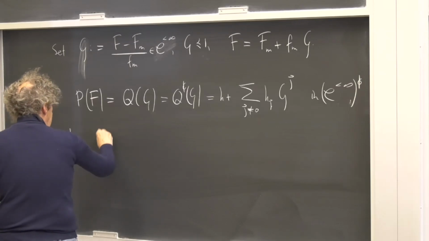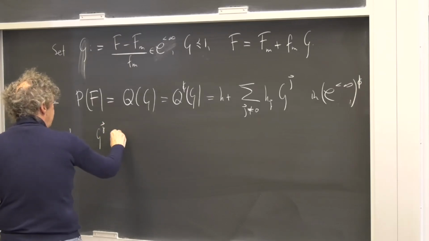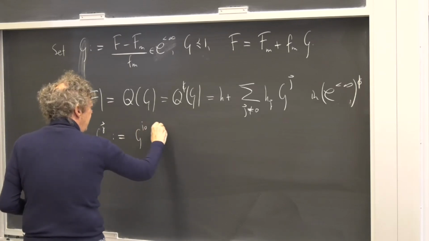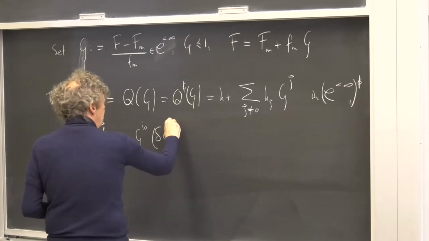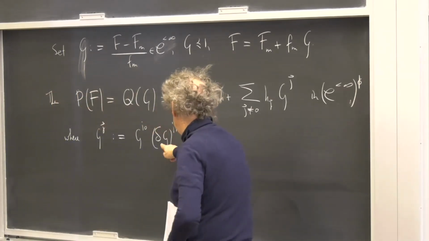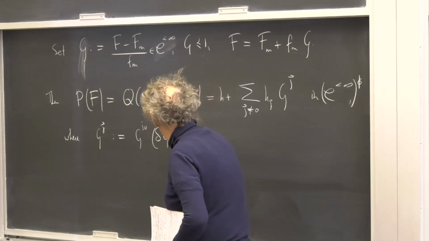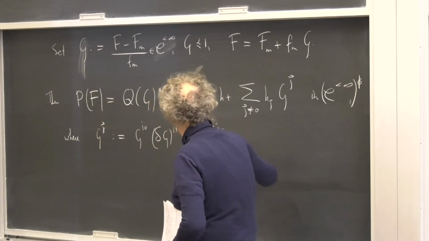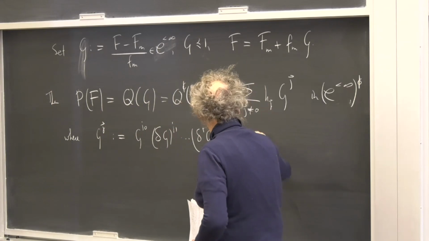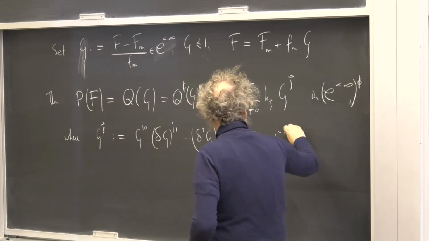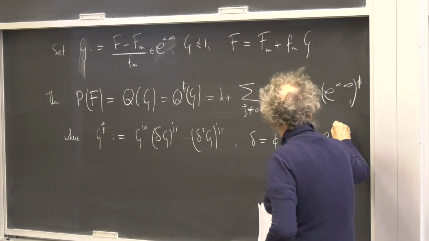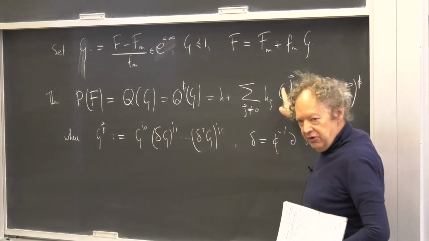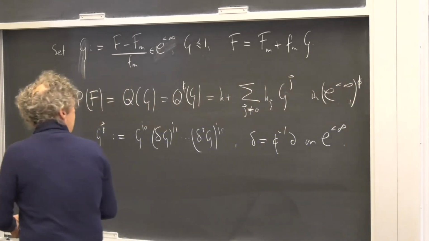In other words, G to the J has to be understood as follows. It is G to the power J0, and then delta G to the power J1, not the ordinary derivative of G, but the funny derivative of G, to the power J1, and so on, where delta equals phi inverse times the usual derivation. So we work with this derivation now when we evaluate G to the J.